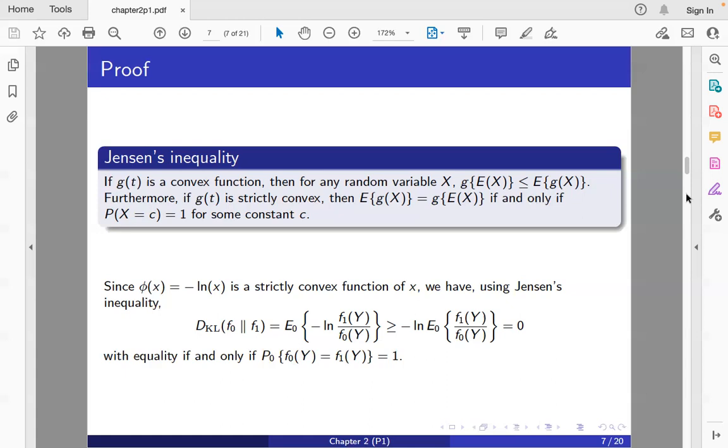E0 is an integration of this quantity with the density f0. So f0 cancels, and then the integration is only with respect to f1. The integration of f1(y) d mu(y) is 1. And then we take the log. So log 1 is 0. So we get this one. That means that actually proves something, right?